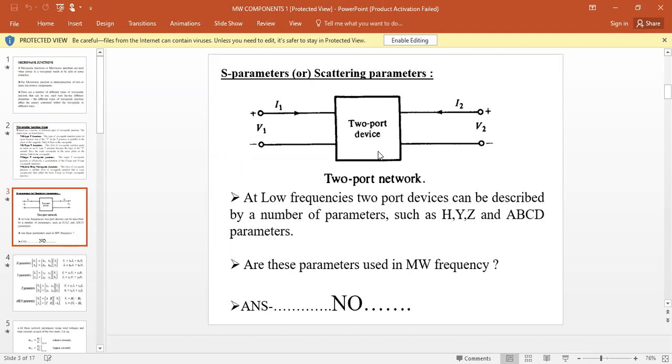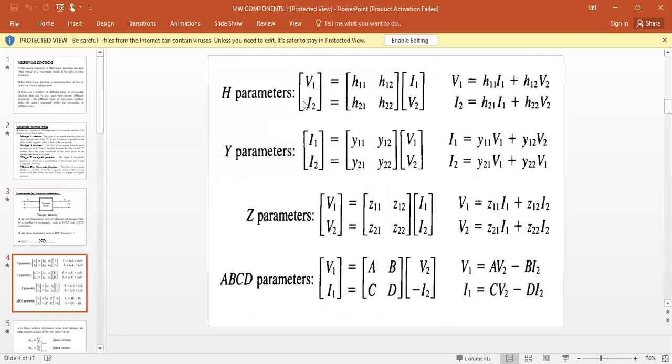So these parameters will not be used for microwave frequencies. We already discussed the H parameter, Y parameter, Z parameter and ABCD parameters. Here we can see how they are represented, with voltage and current, for calculation purposes.